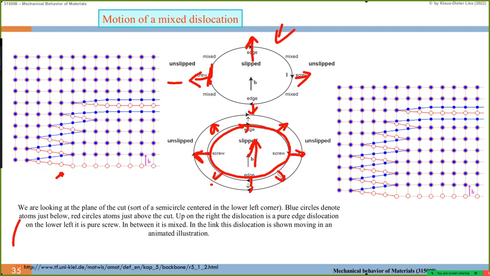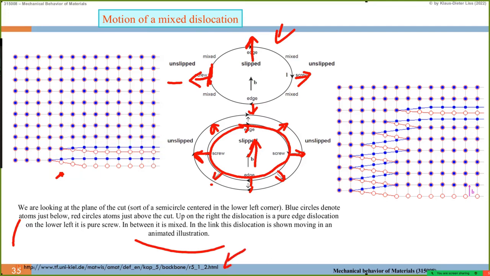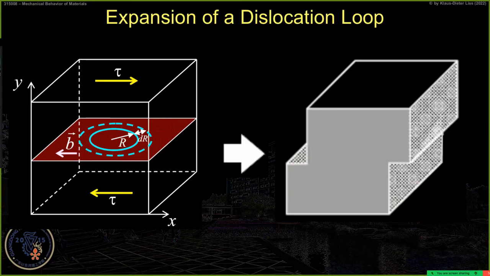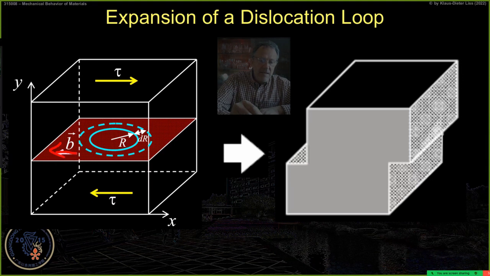I've shown the animated illustration already here in the slide. There's a link where you can see it as well. So again, this is the expansion of a dislocation loop. I have a Burgers vector B, and I put a shear stress along B, here from the bottom.